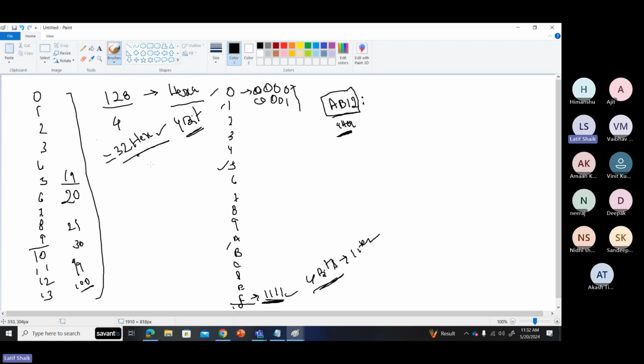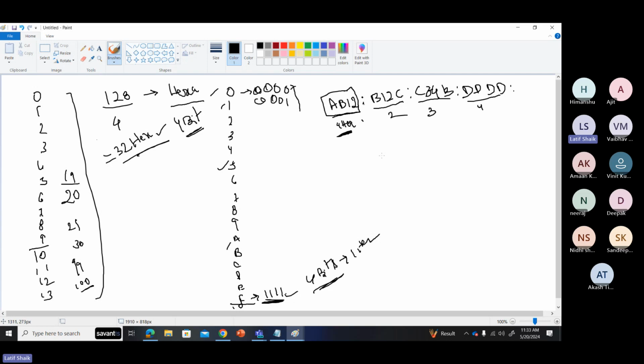We have 32 hexadecimals, and each 4 hexadecimals form one block divided by a colon. So like this you can write another block, another block. Block 1, block 2, block 3, block 4.